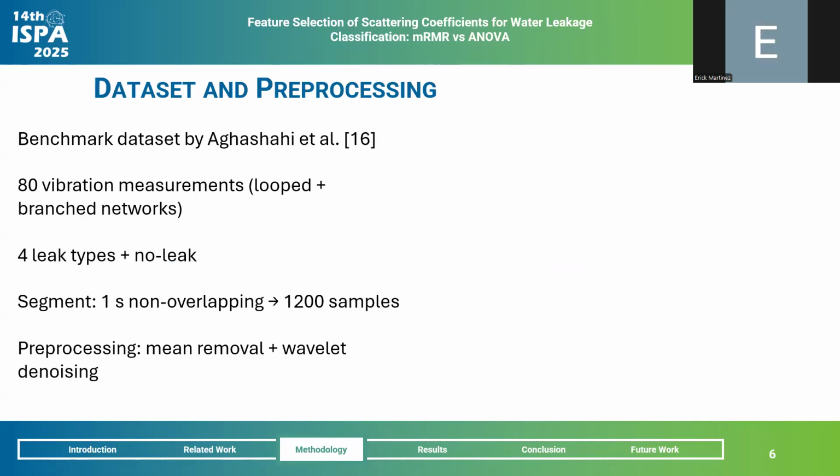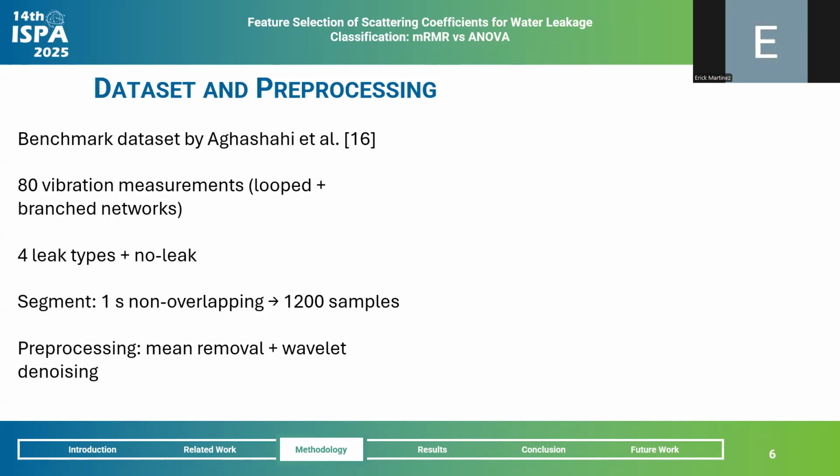For the dataset, we use a publicly available dataset collected by Agash Hali. This is reference 16 of this work. Basically, it consists of 80 vibration measurements from two different types of network, a loop and a branch water network. Also, we have a total of four leak types and also the presence of no leak.